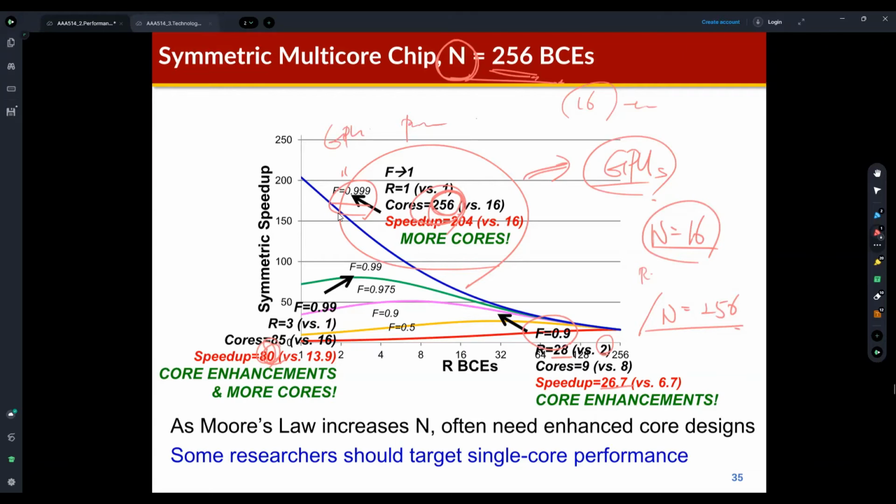But if the parallelizable part is, say, about 0.9, it's not small, it's very high, but the serial part is just 0.1. In this case, if we apply many cores like R is 28, we can achieve the highest performance.